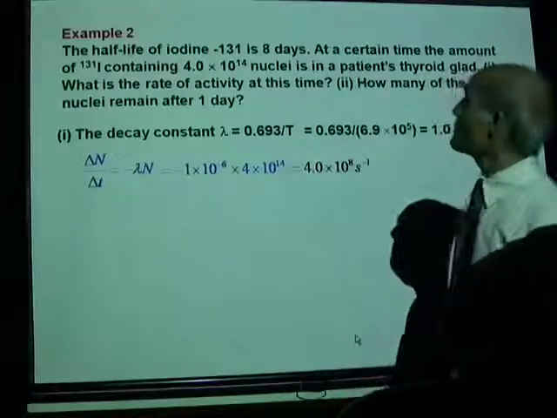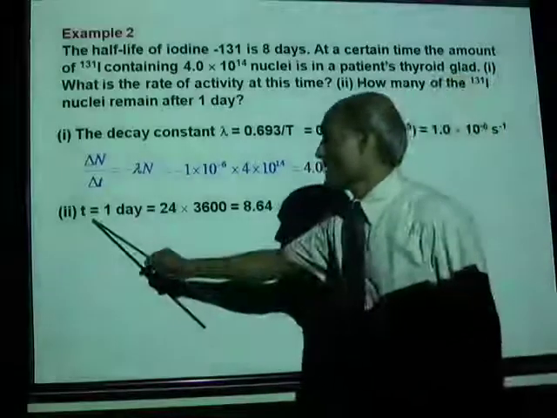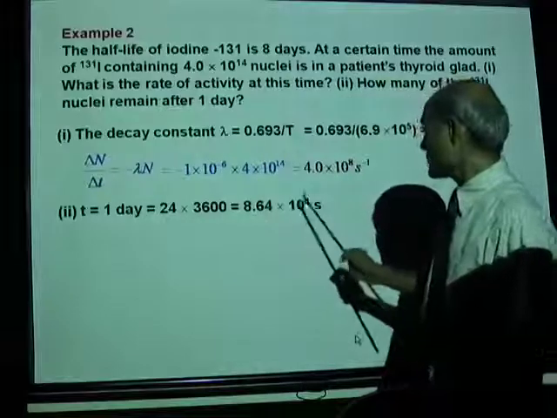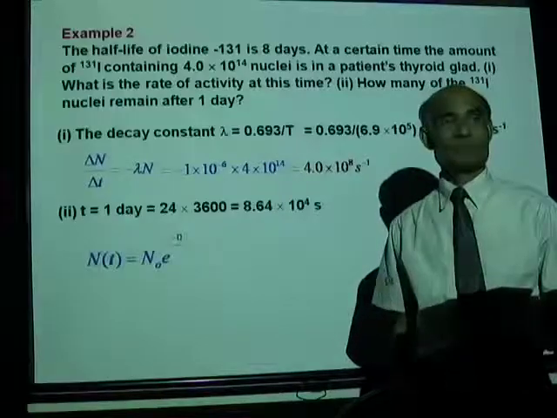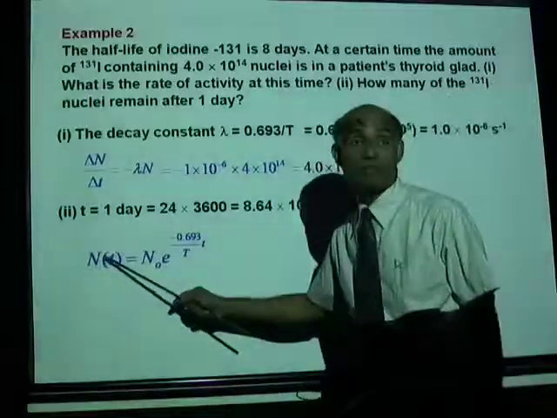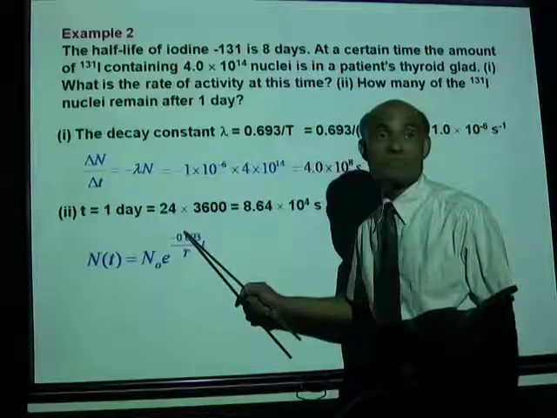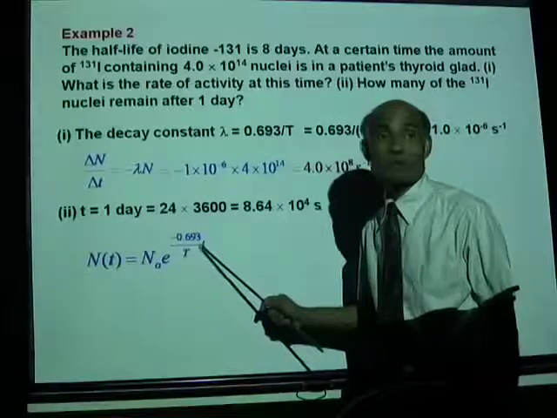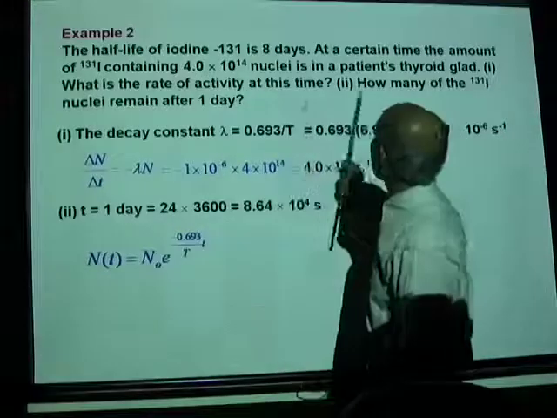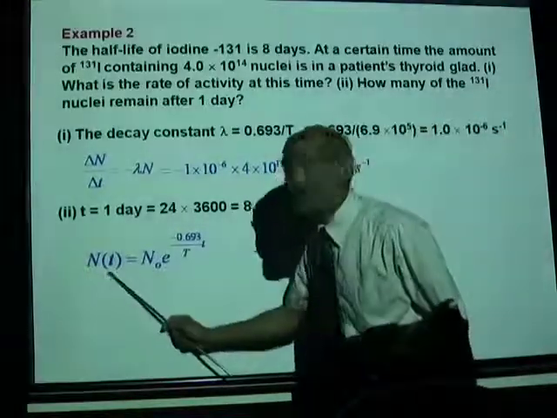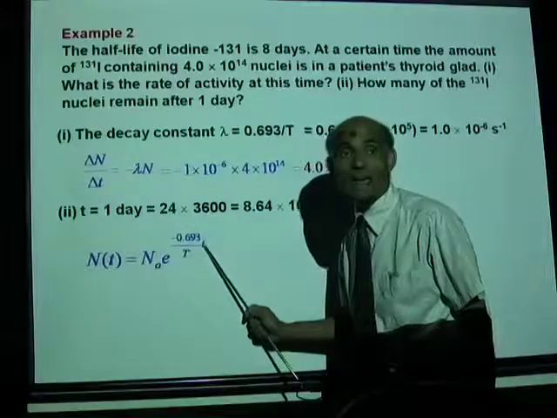How many of the I-131 nuclei remain after 1 day? Well, 1 day is 8.64 times 10^4 seconds. Now we have this relation: N of t is N_0 e to the power negative lambda, or 0.693 over the half-life period, times t. We need to find the number of iodine-131 remaining after a time of 1 day.